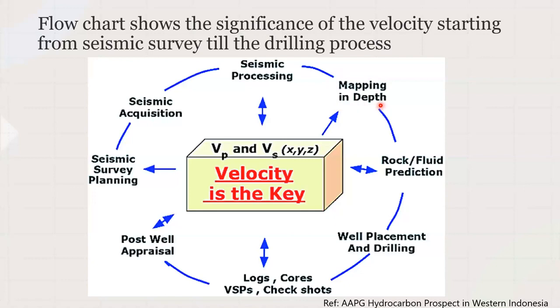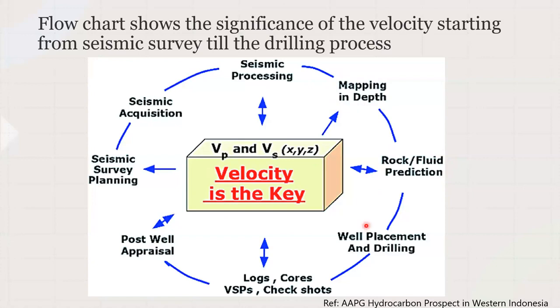Let's say you have found the best prospect and you have the best methods to verify that prospect, but the velocity information was wrong, maybe plus or minus 10 or 20 meters different. When you give the drilling point at the specific point, but the depth of the prospect is not accurate, then probably you will miss out. So that's why I say the velocity is very important.